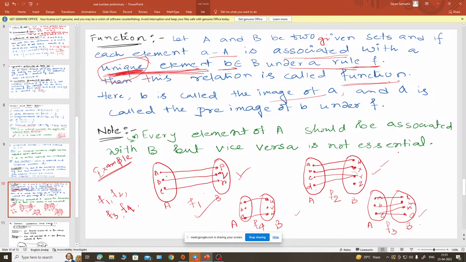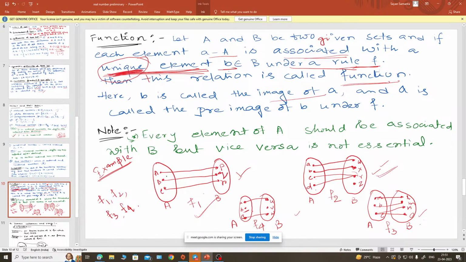So here C and D, these two elements map from a unique Y. This is true, this type is true. So F2 is also a function.